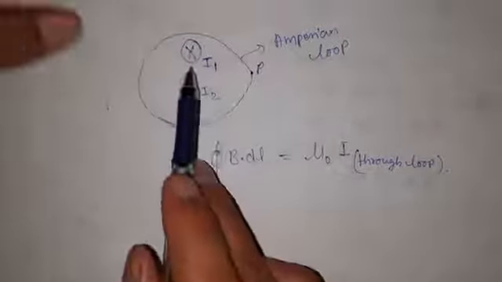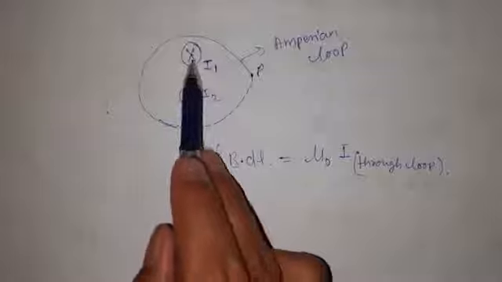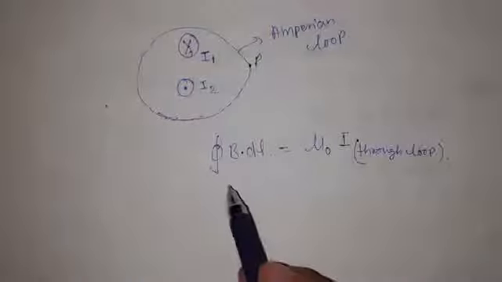Now here we are looking that the current I1 is going inside, it is going to the inner side, and the I2 current is coming out.